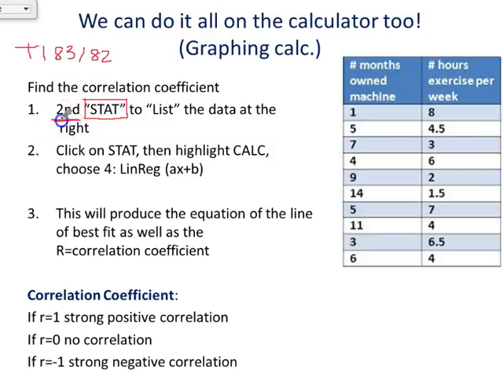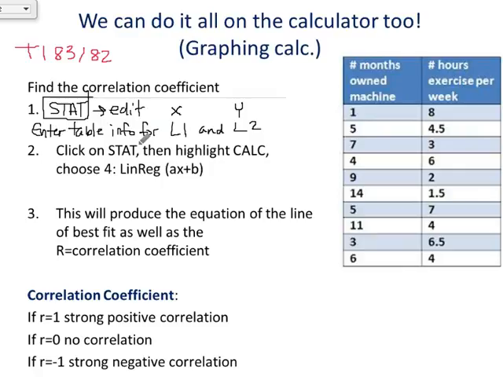You're going to click on the second key, which is in the upper left-hand corner. Click second stat, and then it gives you the option of L1, L2, L3, L4. So what you're going to do is you're going to click L1, and so I actually just got rid of those directions because these ones are going to work better for you.